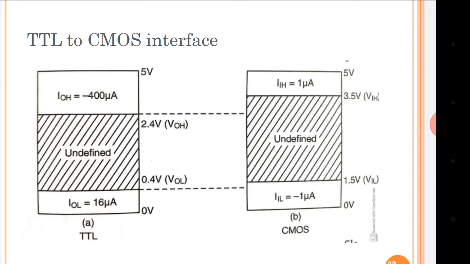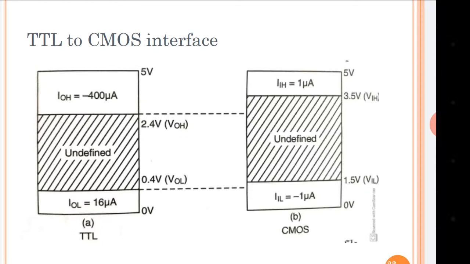For this purpose, we reproduce the output profile of the TTL and the input profile of the CMOS as shown in this diagram, assuming that CMOS is also operating at plus VDD, which is equal to 5 volt. From the figure, it is clear that the high state output of a TTL may not always be treated as a high input, because VOH of a TTL is lower than VIH of a CMOS, as shown in the diagram.